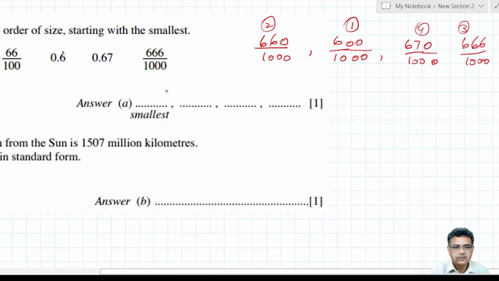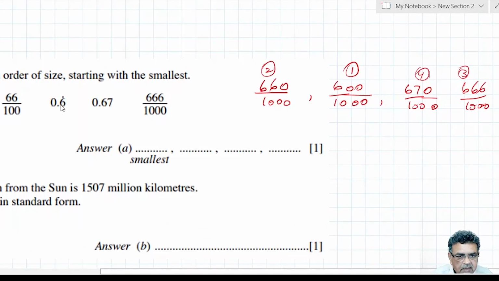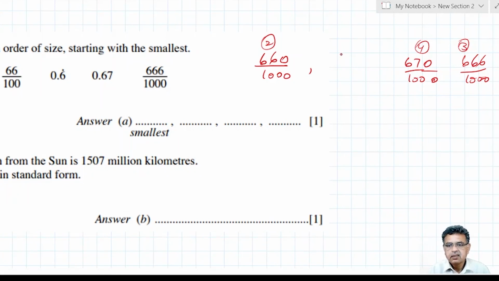So the second value, 0.6, I think, is 0.6 recurring. If it is recurring, we should write it differently: 0.66666 this way.